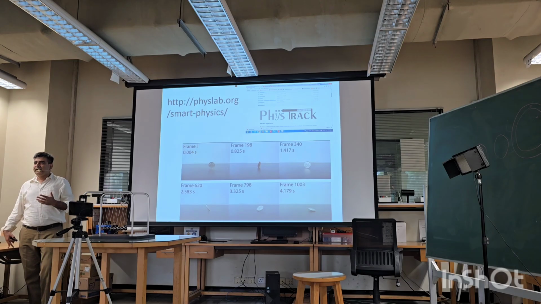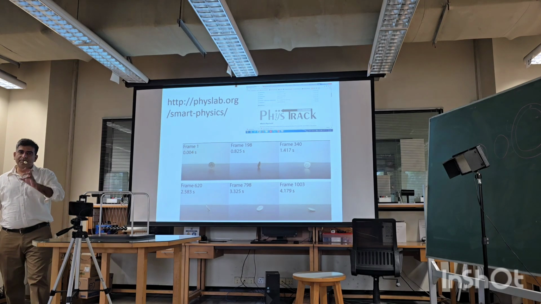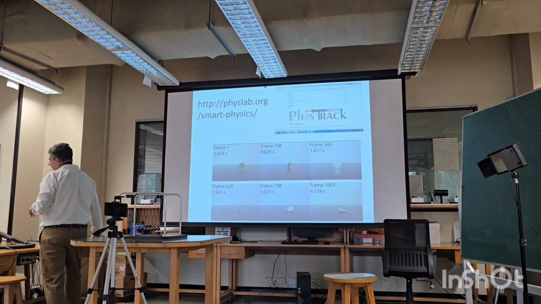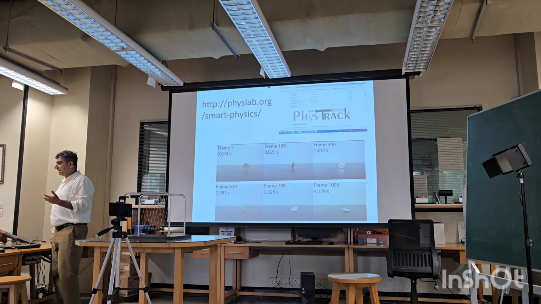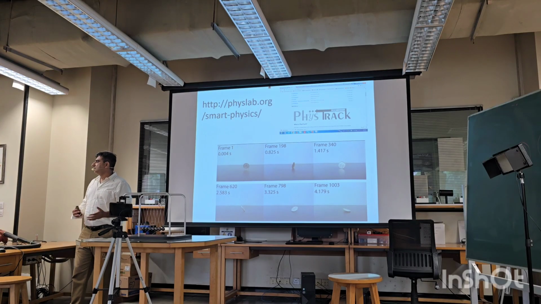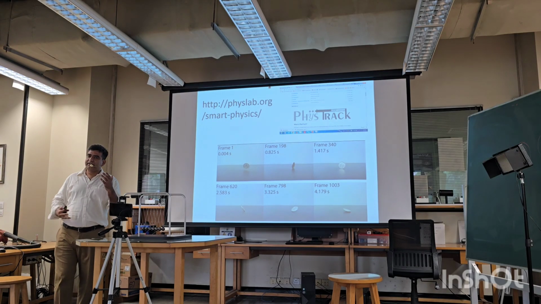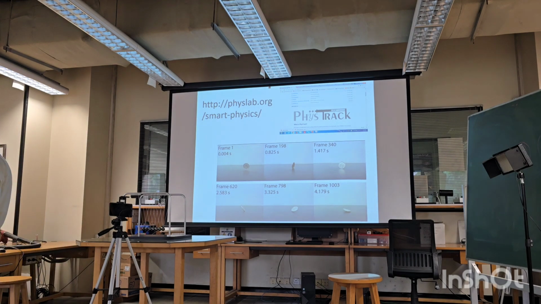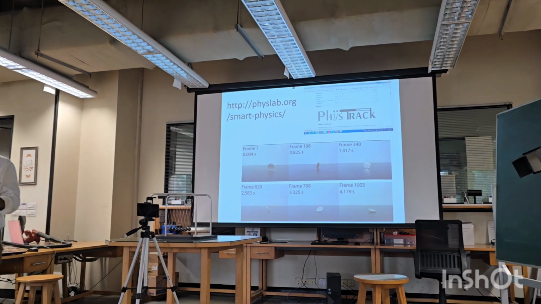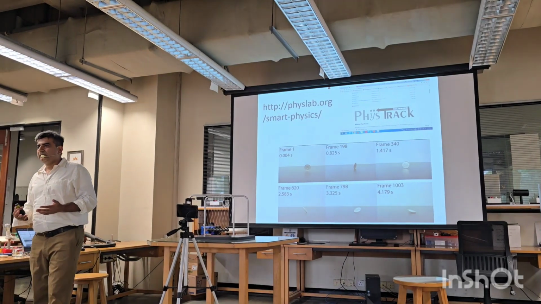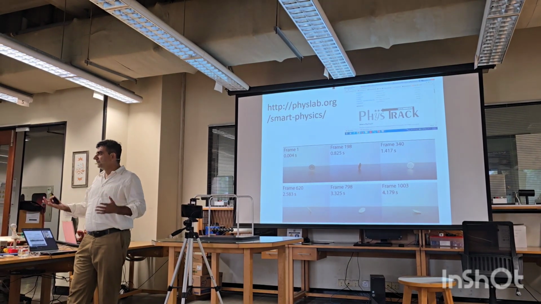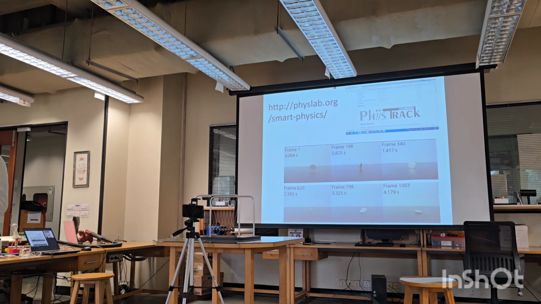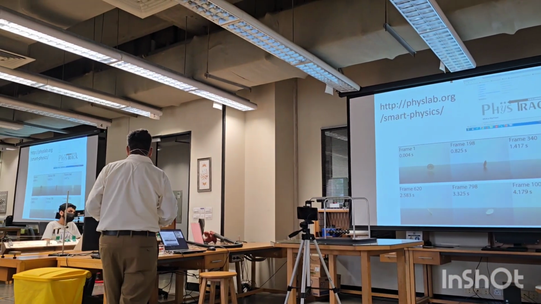So basically what we need is to identify a moving part in a video or an image and convert that moving part into positional data with time. That's all you need. So once you have positional data, you can take derivatives and find speeds. You can take higher order derivatives, find accelerations, and other higher order terms as well. And you can find angles. Once you have the geometry in front of you, you can define angles, you can define angular speeds, and so on. So mainly you need positional data.